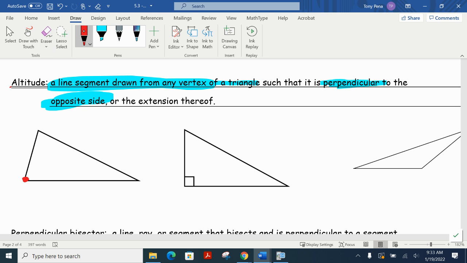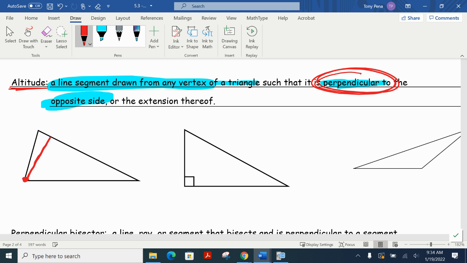If I want an altitude, which is what we're looking for now, we want to take a segment and draw it to the opposite side so that when we hit the opposite side, we're perpendicular to that side. So we're forming a perfect 90-degree angle. We're eyeballing it a little bit here. We're not pulling out compasses and protractors and all that fun stuff. But in order for me to draw this so that it's a 90-degree angle, I probably need to go right about up here.